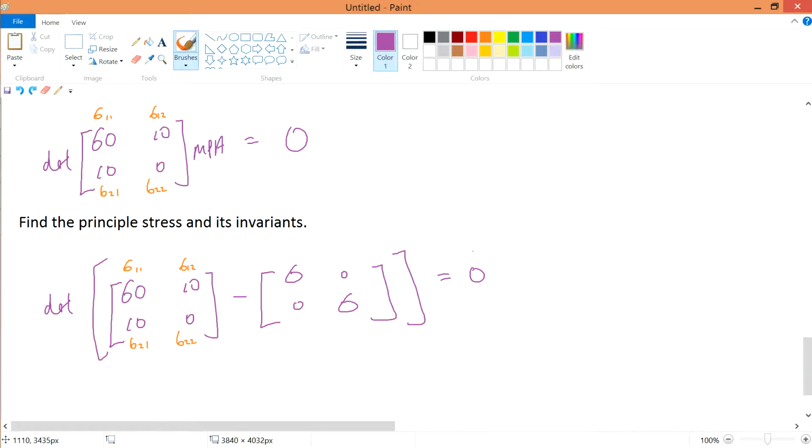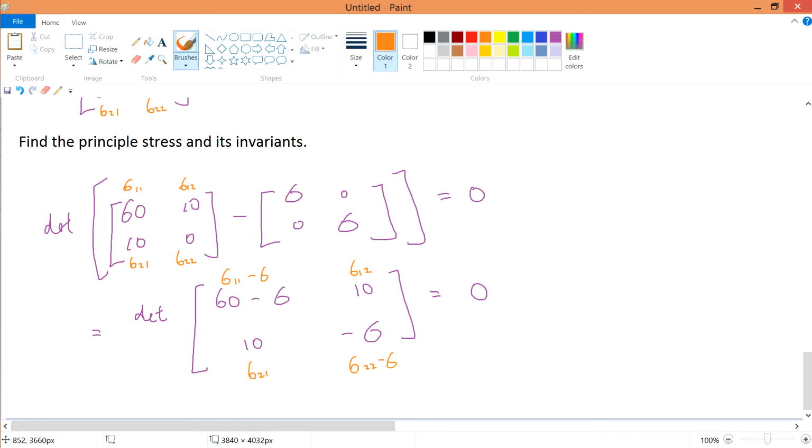After I do that, I'll have this matrix over here. I'm taking 60 minus sigma, and on top is sigma 11 minus sigma. I'm just representing 60 as sigma 11, that's all. Now I can do the determinant.